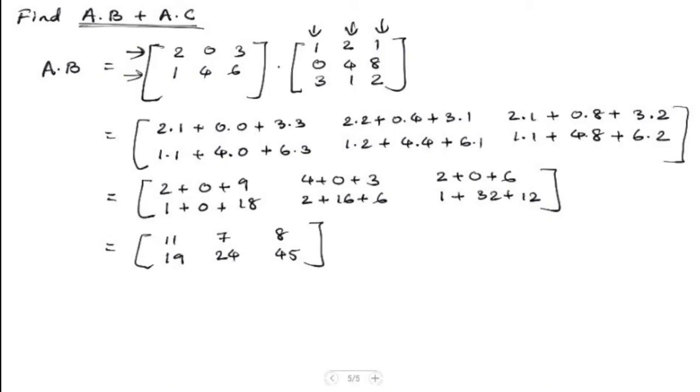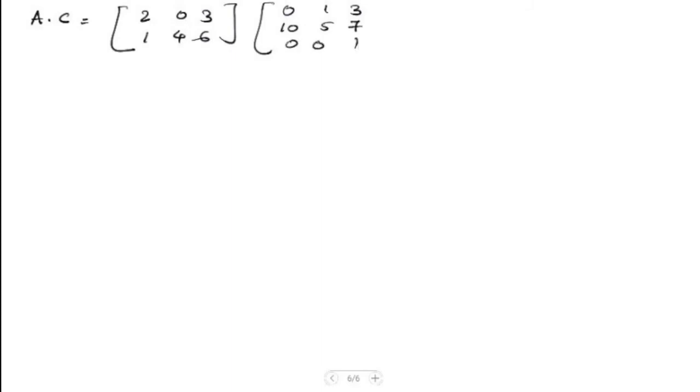So let's work on a times c. A is 2, 0, 3, 1, 4, 6 and c is 0, 1, 3, 10, 5, 7, 0, 0, 1.